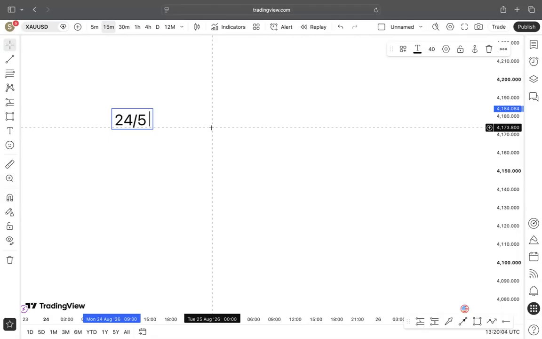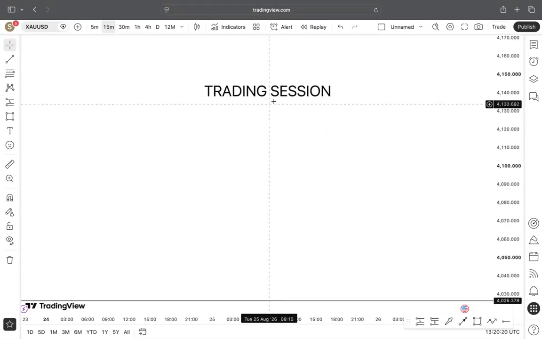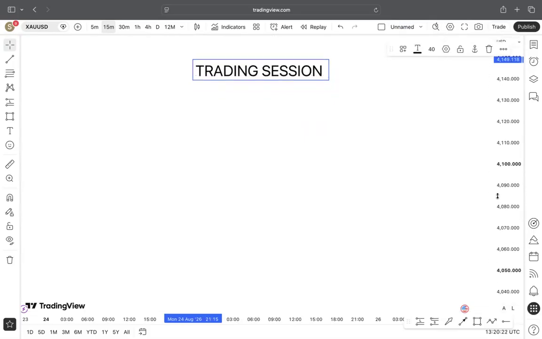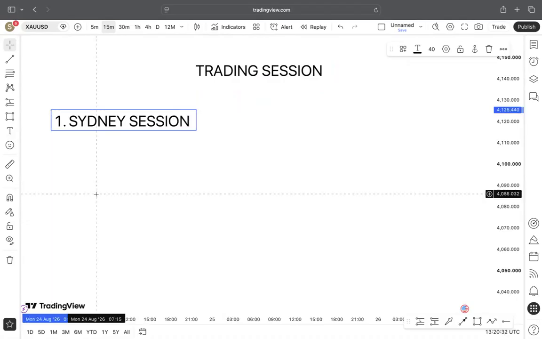Now, these sessions are commonly divided into four major trading sessions. We have the first one, which opens immediately after the weekend, the Sydney session.